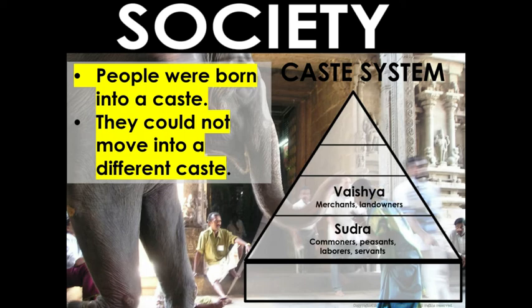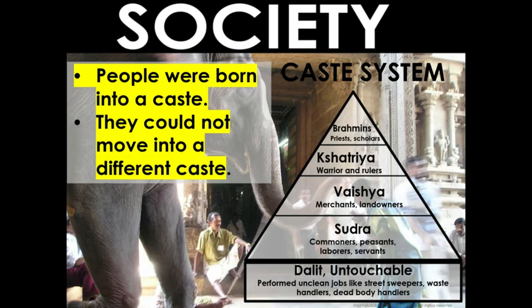And a higher level than them are the Vaishya, merchants, landowners, a little more powerful people, had a little more control, a little more wealth. The Kshatriya, warriors and rulers. And ultimately, the Brahmins, priests and scholars, would be on top of their pyramid with the most authority.